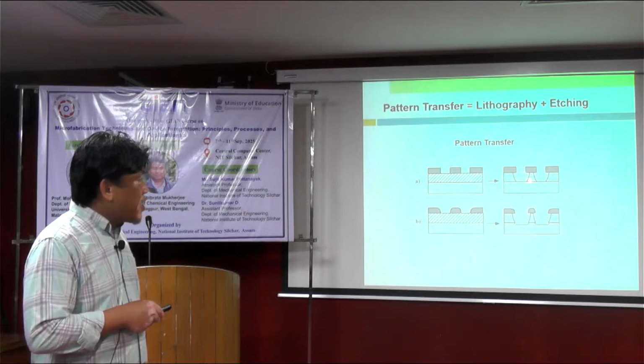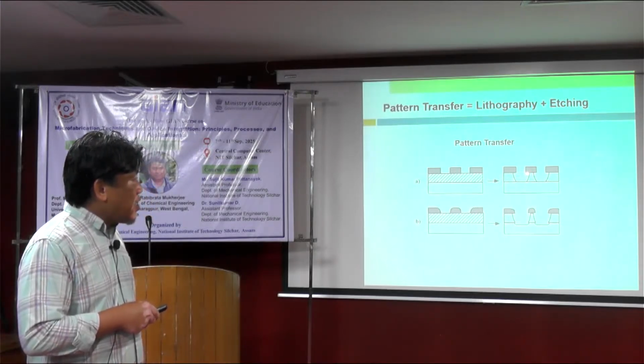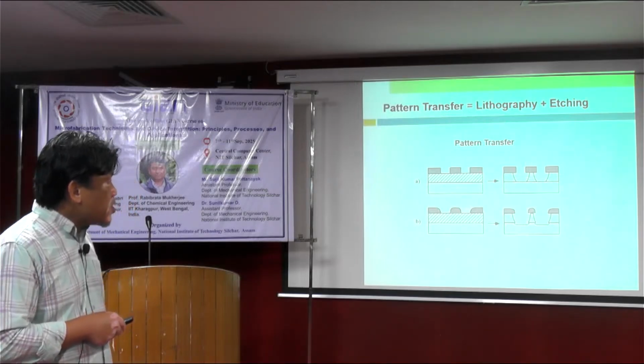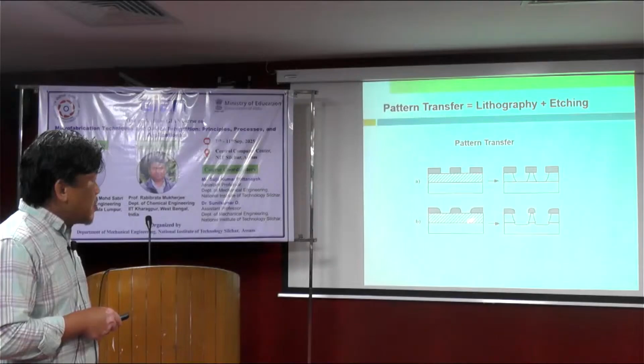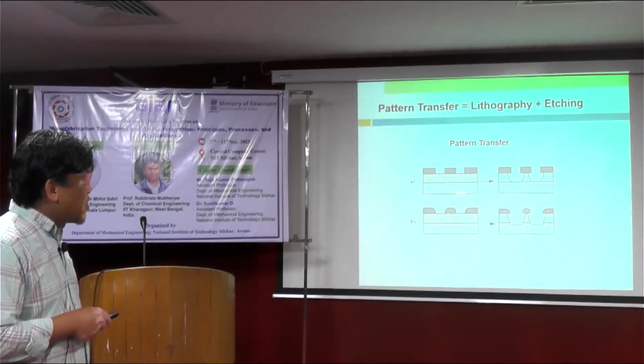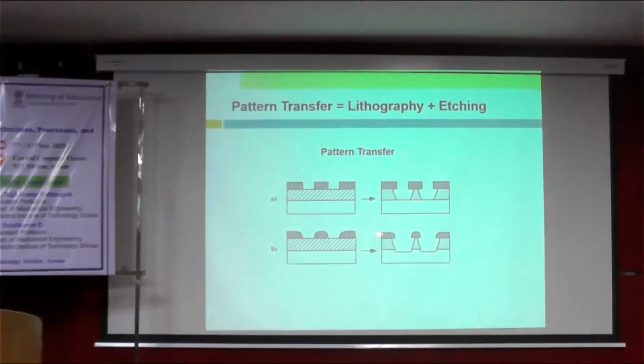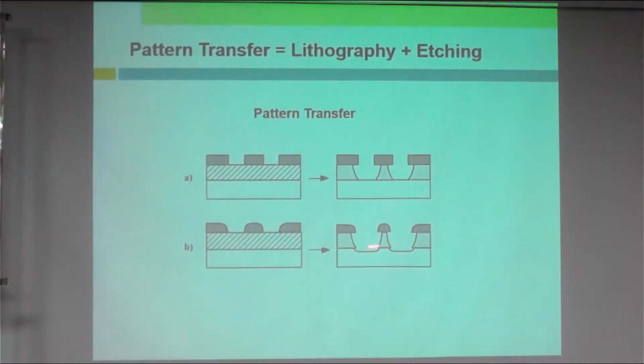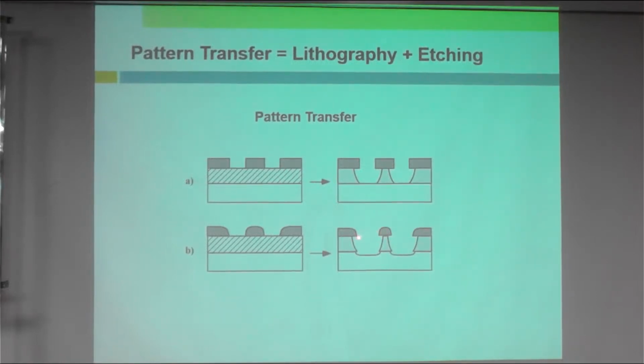The chemical attacks in this area and forms this kind of narrow shape. And in this lithography process, you have your photoresist here, then this kind of pattern is formed. If you do wet etching, it also removes this pattern actually. So that is the selectivity of this removal of materials that affects the etching process.